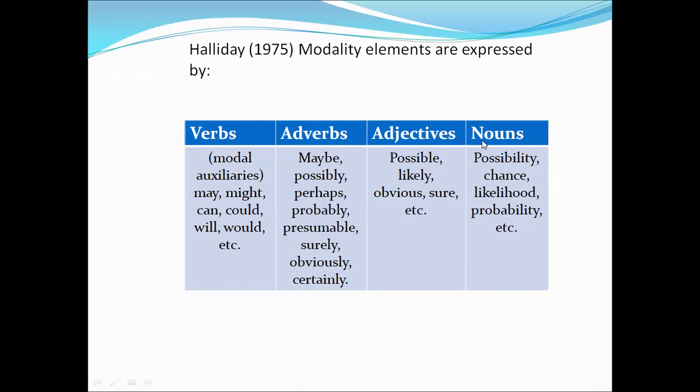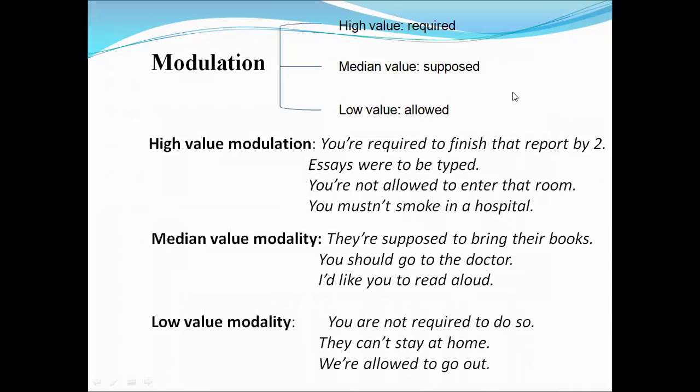Nouns also: possibility, chance, likelihood. So modality elements are expressed by verbs, adverbs, adjectives and nouns. This is only for your broader knowledge. You don't have to remember this, but you need to have a concept of it.